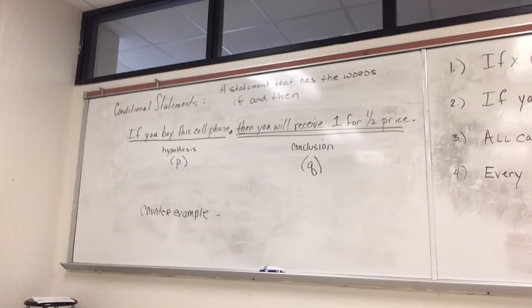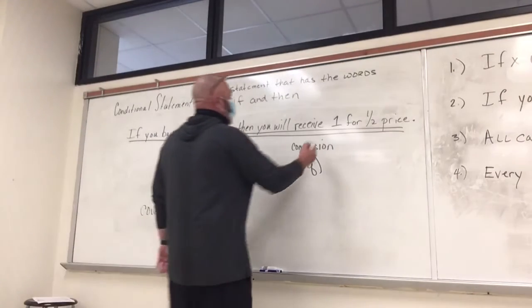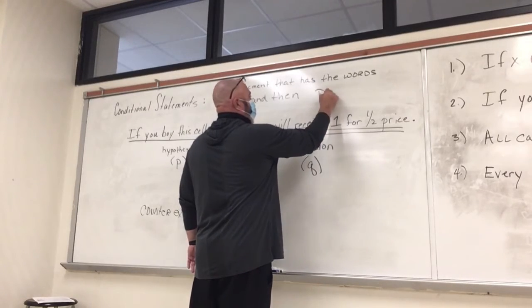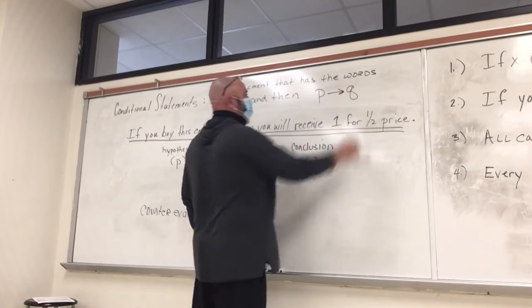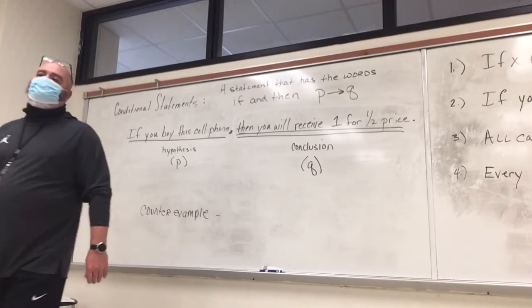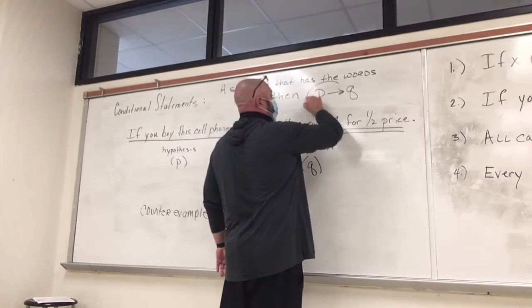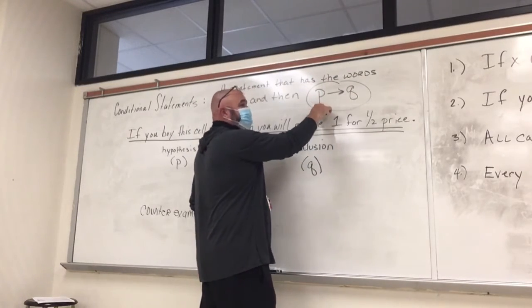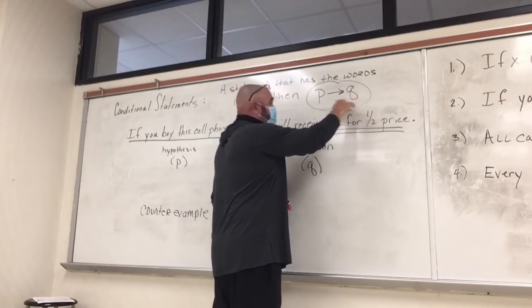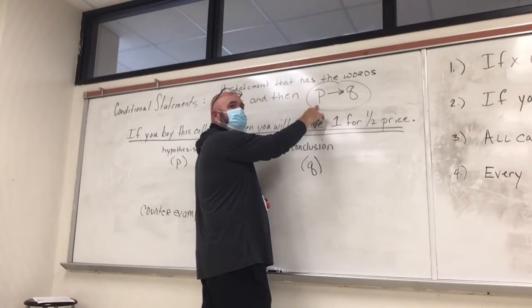Conditional statements in mathematics are said to be if P, then Q. Or P implies Q. You need to know this right here, if anything. This is the if, this is the then. P is always the if.